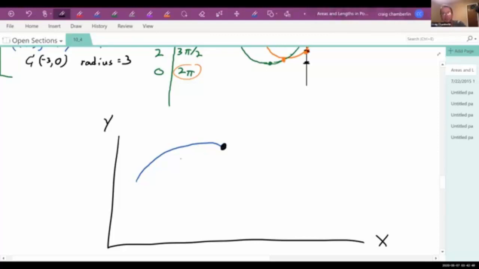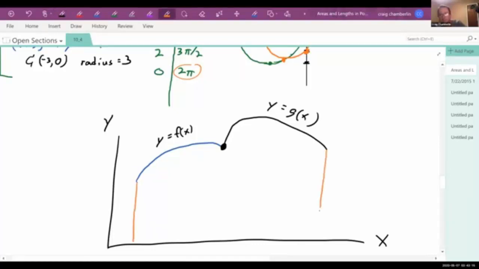You had a curve here and then maybe a curve like this, and they're given by different equations. Like this is y equals f of x in blue, and y equals g of x, right? And let's say you wanted to find the entire area between the x-axis and those two curves.